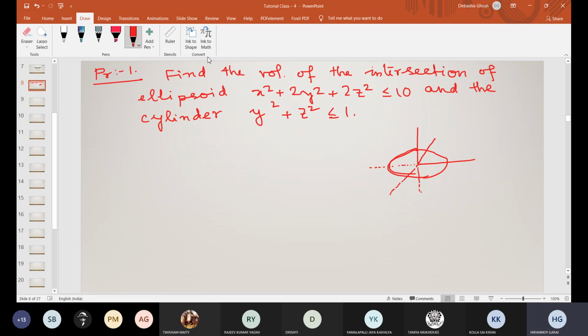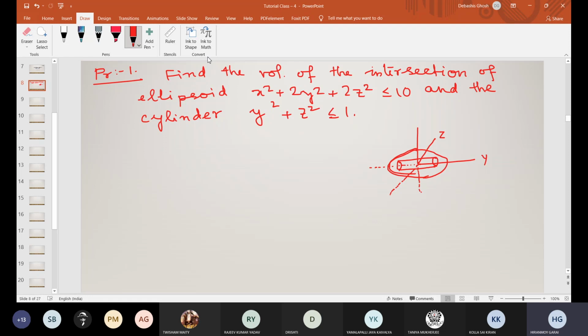Then the cylinder whose base is on the yz plane, so we consider this one is y, this one is z, and we are going to find out this common portion.